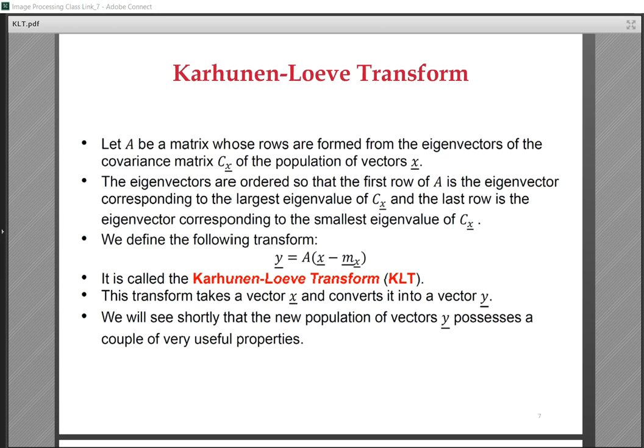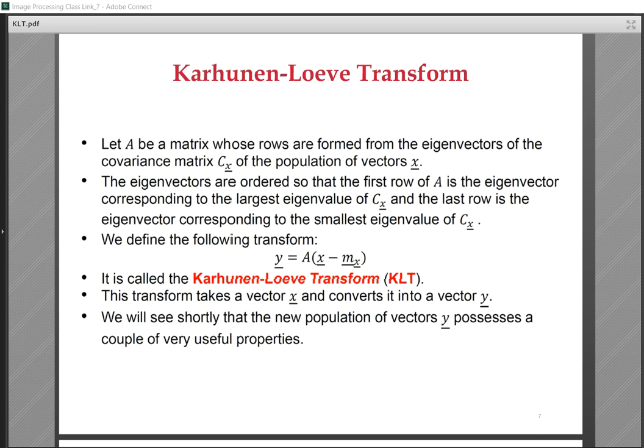What is row 1? Row 1 is eigenvectors of, for example, image 1. Row 2 is eigenvectors from image 2, etc. Here we reorder the rows. How?